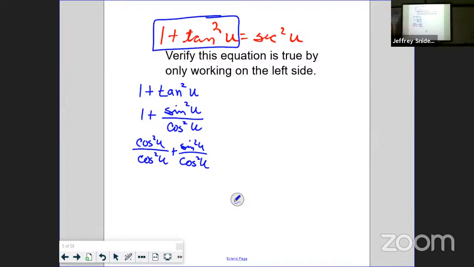All right, boom. Now what? When I add fractions, what do we do? Add the tops and leave the bottom alone. So what do I get here? I get cosine squared u plus sine squared u over cosine squared u. Is this something you know?